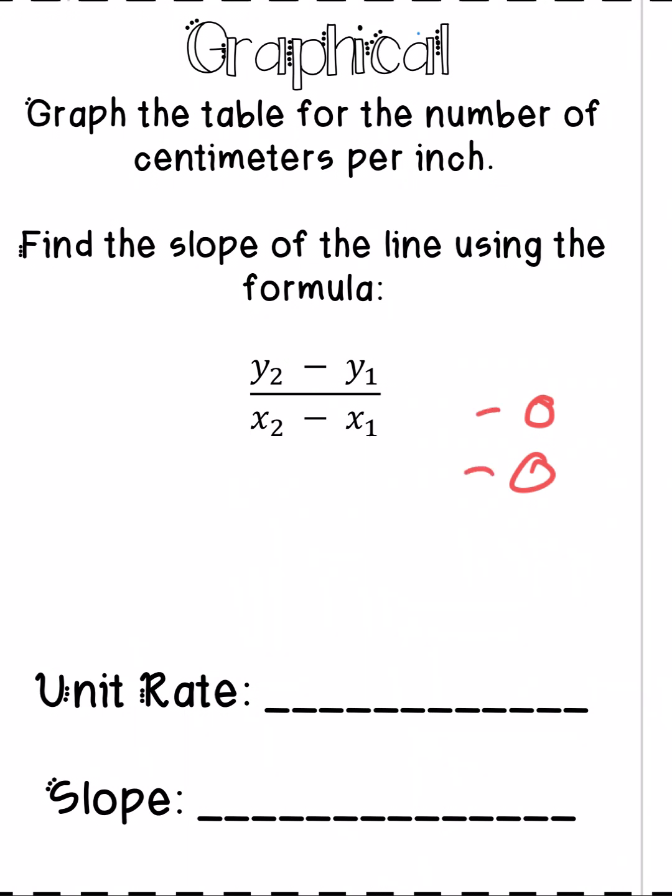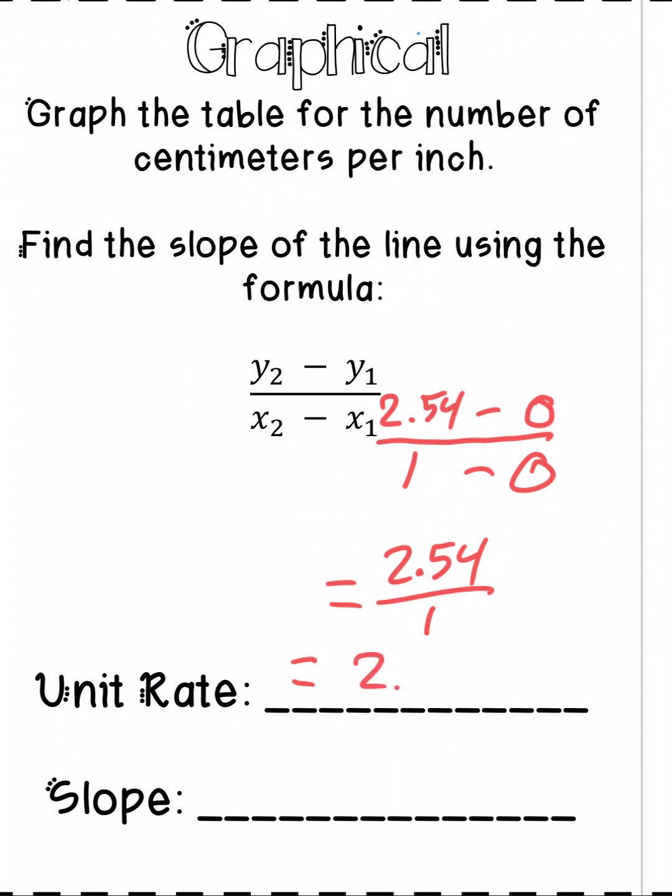And for our second point, we might choose 2.54. So if we put 2.54 on the top, that means that our inches, our x, is going to have to be 1. If we subtract, we get 2.54 over 1, which simplifies to 2.54, because 2.54 divided by 1 is 2.54.